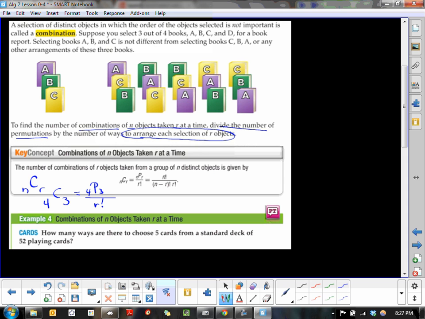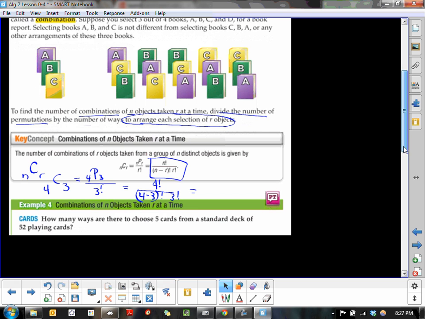The r stands for 3 in our case here, so we want to divide by 3 factorial. And that is what they're getting at here, because if I do a 4 choose 3, that's going to be 4 factorial divided by (4 minus 3) factorial, all over 3 factorial, which equals, and then we'll do our calculation from there.